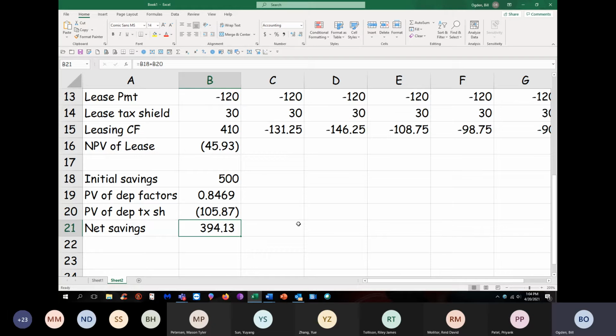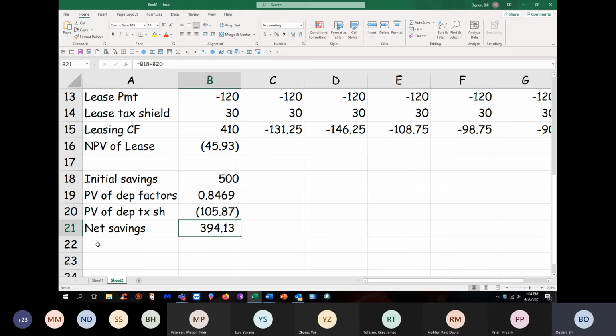You would have paid $500 initially, then over the next 4 years, you would have depreciated and seen these depreciation tax shields. So this is the present value of the buy decision. So what we need to know is whether the present value of the buy decision is more or less than the present value of the lease decision.